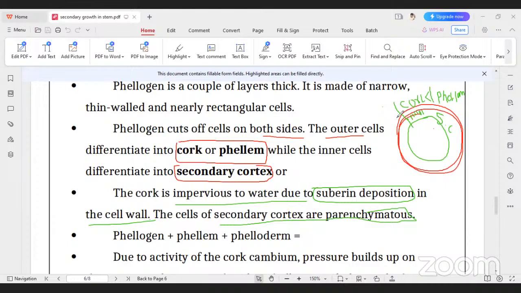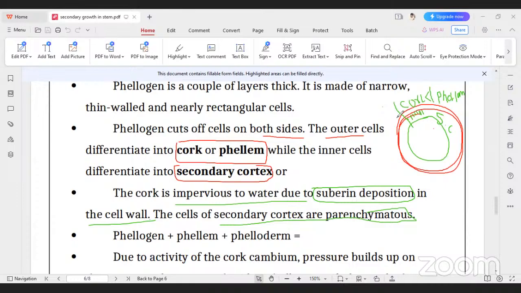The secondary xylem and secondary phloem are formed inside the stele, and at the same time exert pressure on the epidermis. Meanwhile the secondary protective layer, periderm, is formed. This periderm is formed by secondary growth in the cortex, by the formation of a meristematic layer in the middle of the cortex.